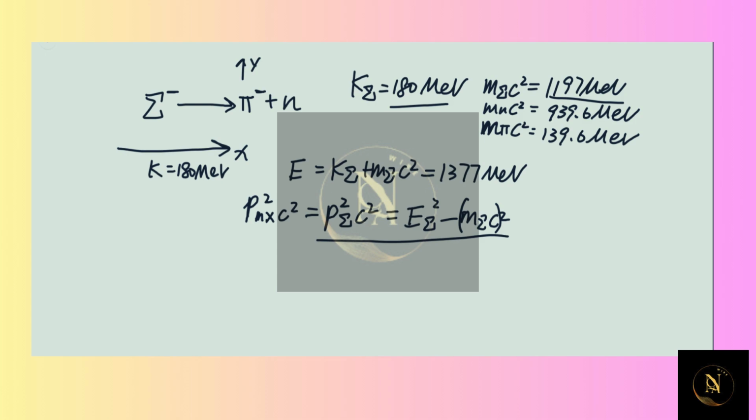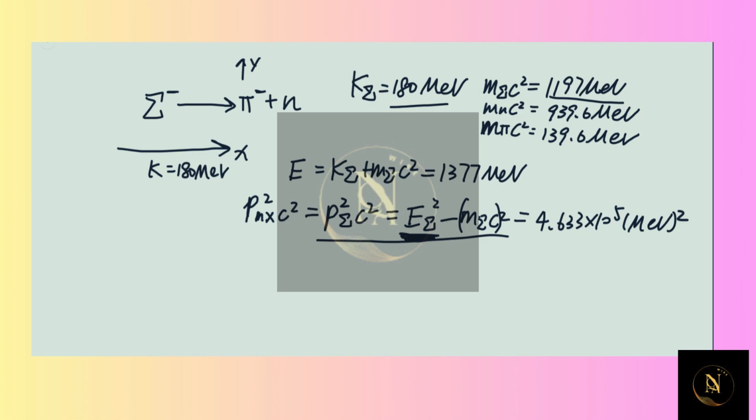We can work this out and it is equal to 4.633 times 10 to the 5 MeV squared. So this is the equation we have for conservation of momentum.